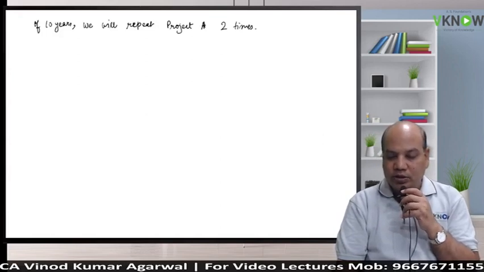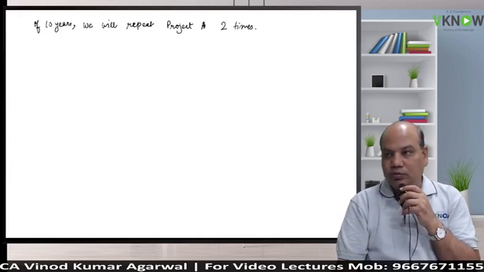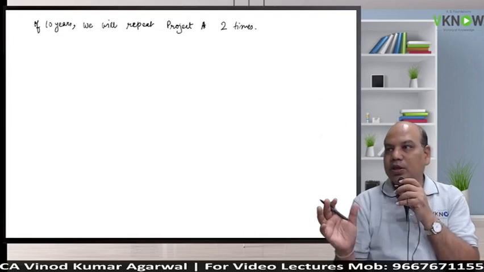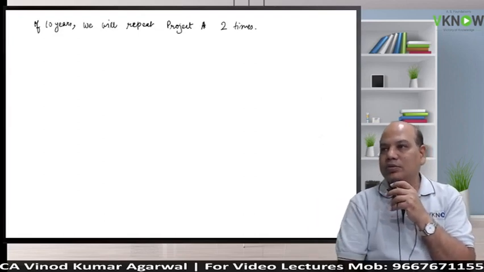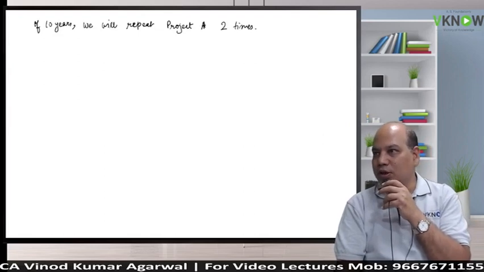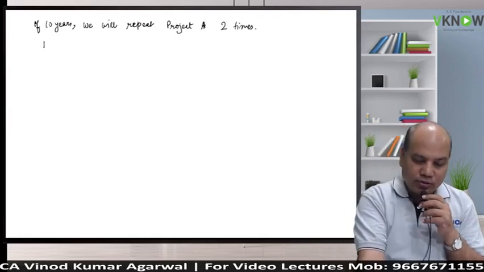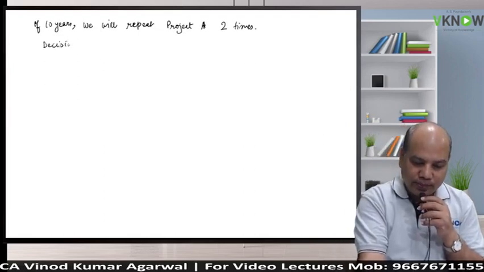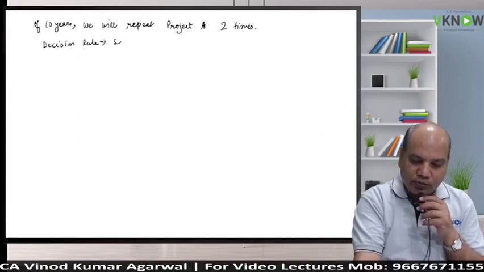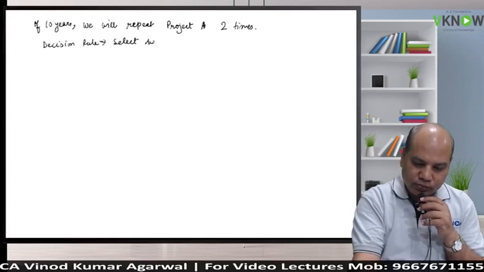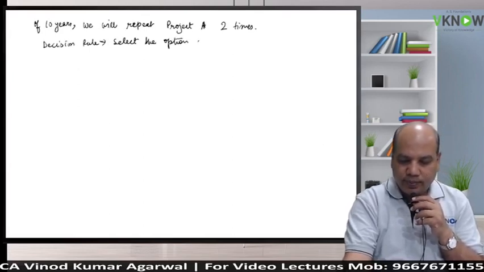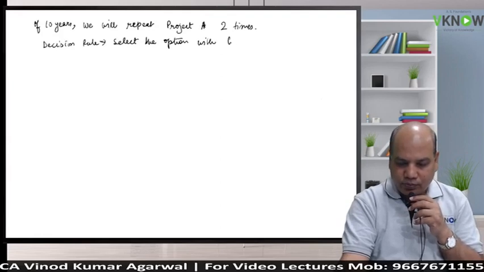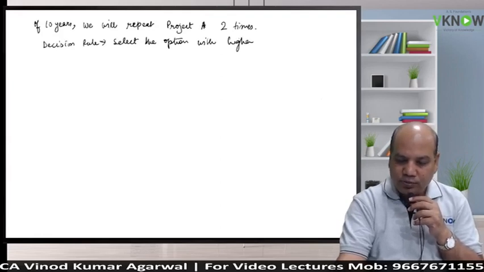So in the replacement chain method, we will have to compare them on the basis of common life. If required, repeat one or both projects. And then the decision rule will be to select the option with higher NPV, because now they are comparable.